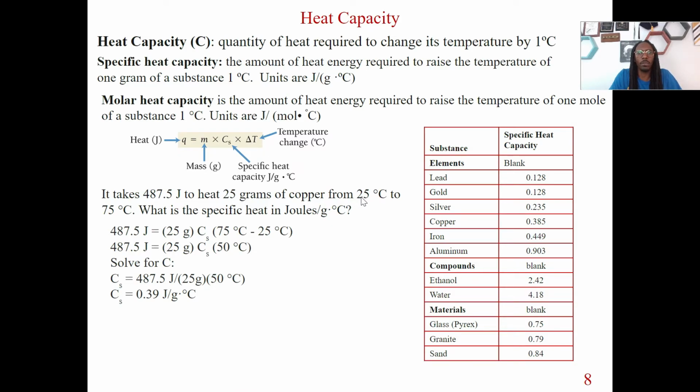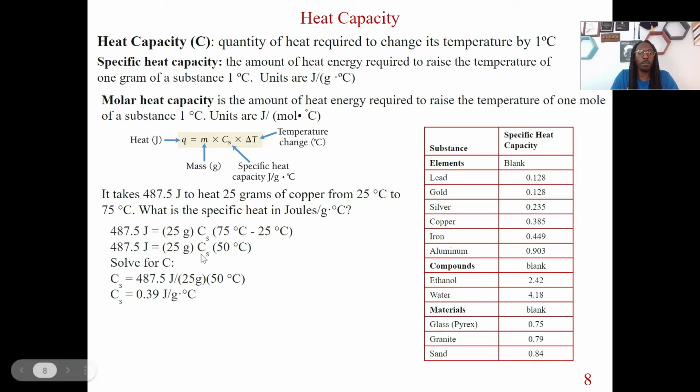So it says that we went from 25 to 75, right? Anytime you see a delta, you're going to do final minus initial. Okay, so in this case, we ended up with 75 degrees Celsius and we started off with 25 degrees Celsius. So 75 minus 25, all right? Now from here, it's just all about solving for your specific heat capacity. So once you do 75 minus 25, you're going to have 50 degrees Celsius.